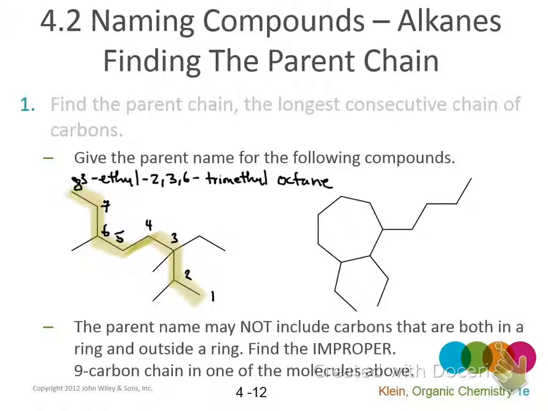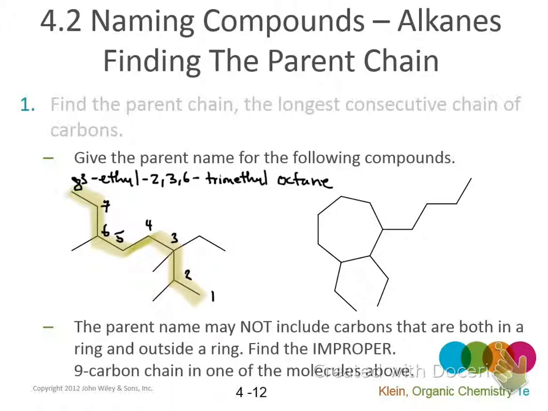I've seen the rule applied a couple of different ways. If you have a substituent chain on a ring, it depends on the number of carbons which one's the parent. So the more carbons, that's the parent. If it's a tie, the tie goes to the ring usually.